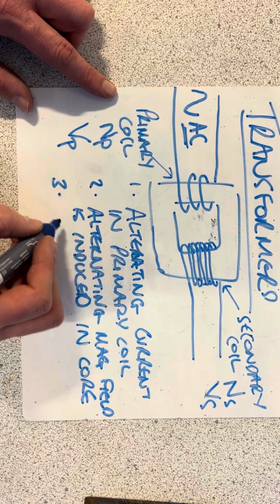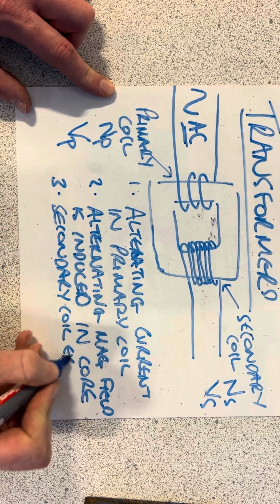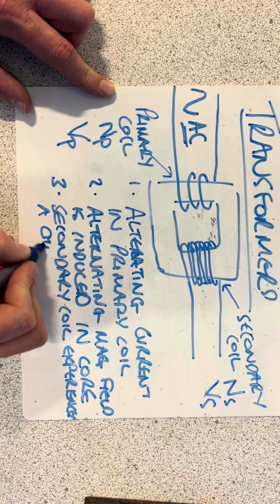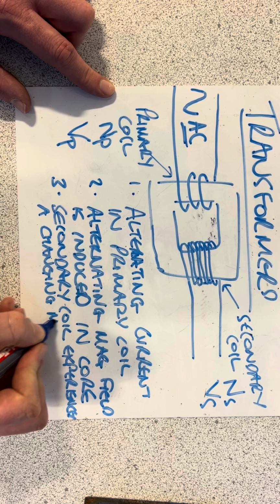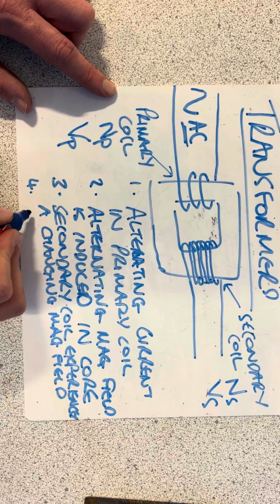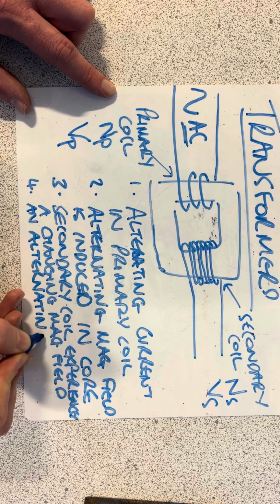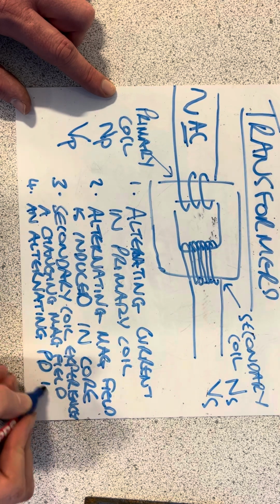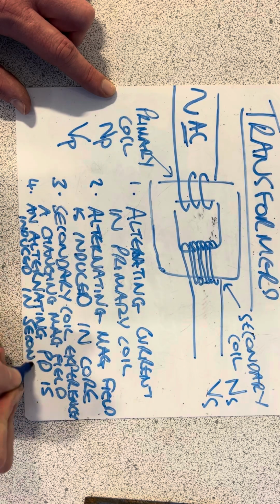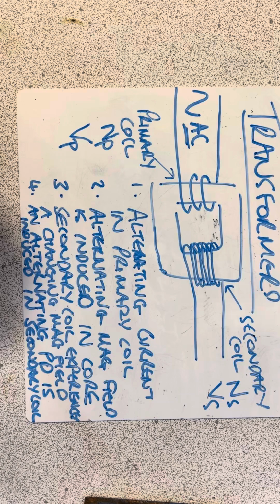So that third point is going to be that the secondary coil experiences a changing, or an alternating, I'm just going to mix it up a bit, changing mag field. And we know that when that happens and field lines are cut, an alternating PD, for potential difference, is induced in secondary coil. So they're the step-by-step instructions, and they pretty much apply for the step up and the step down.